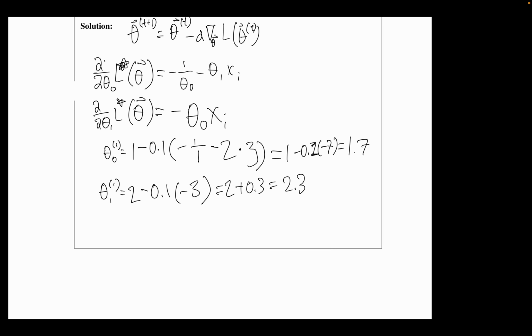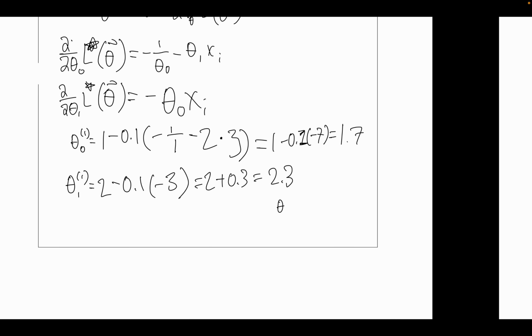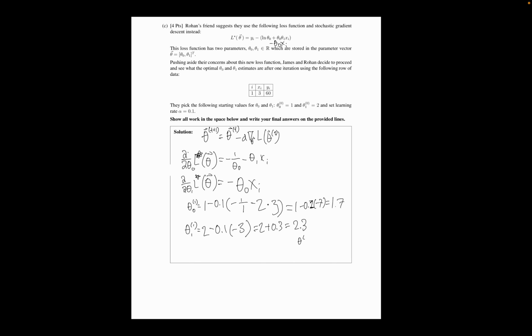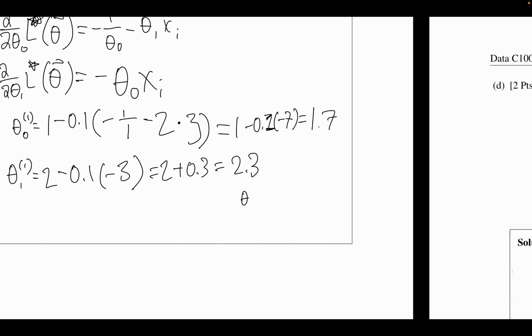And yeah, we have that theta t, the next step, should be equal to 1.7 and 2.3, or theta 1 0 should be this, and theta 1 1 should be this.